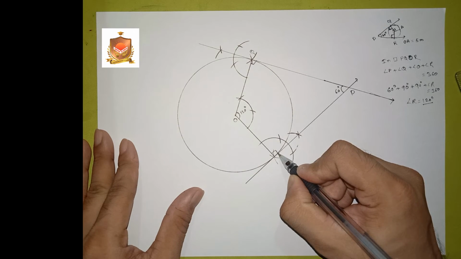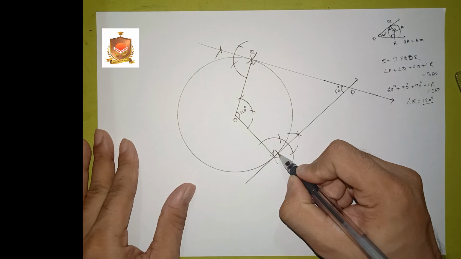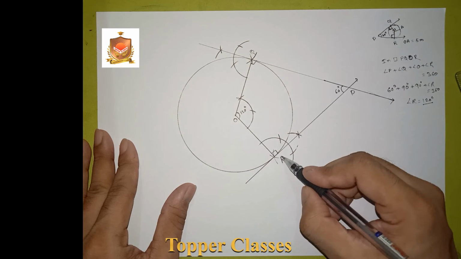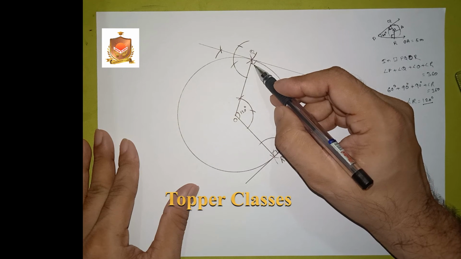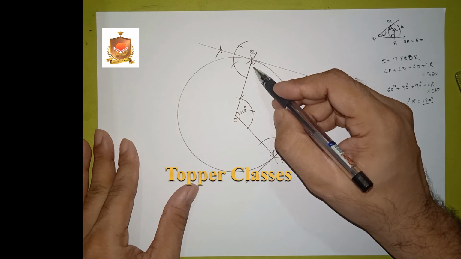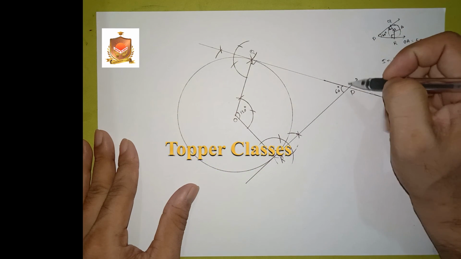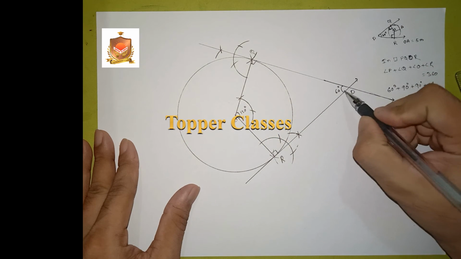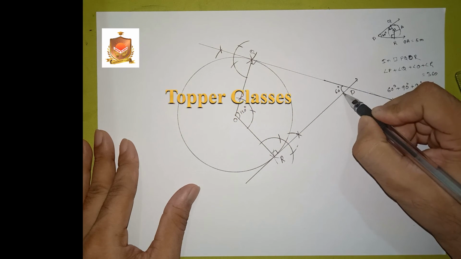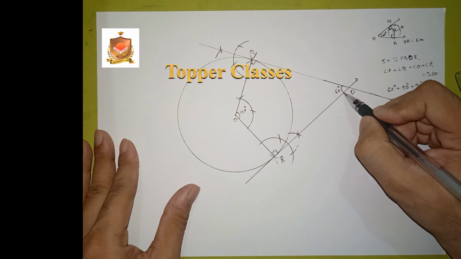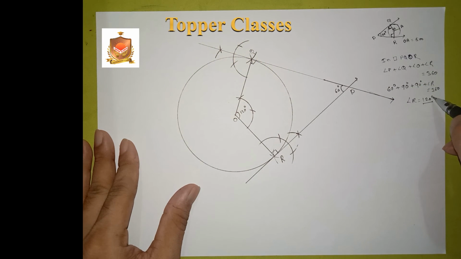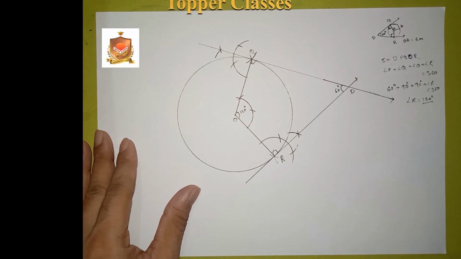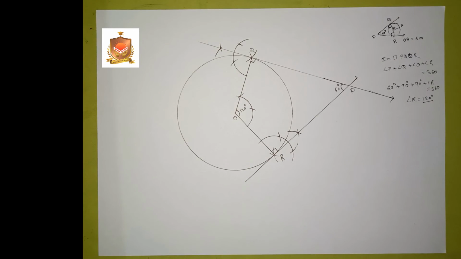This angle is definitely 90 degrees because it is an angle between the radius OR and tangent PR. This angle is also 90 degrees because it is an angle between radius OQ and tangent PQ, and this angle is 60 degrees. The reasoning is already given here. Now they are asking us to measure the length.